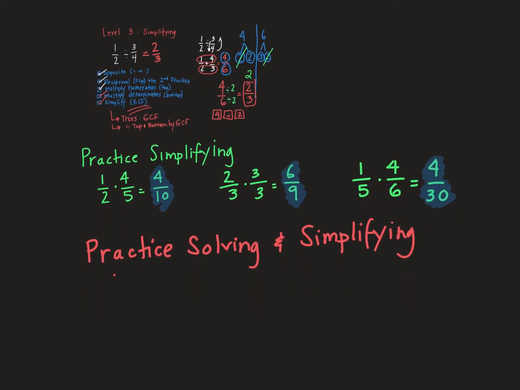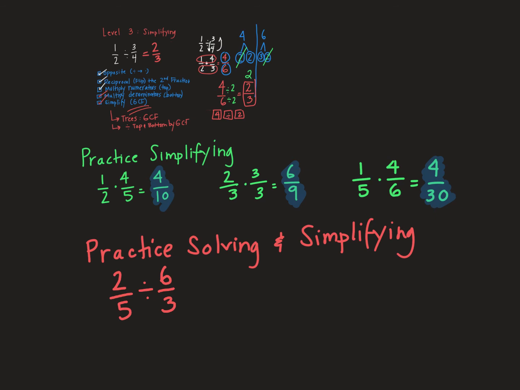Your first one's going to be 2/5 divided by, my denominator is 3 and my numerator is 6. Okay, so there's 1. You're going to solve that, and then you're going to simplify the answer.